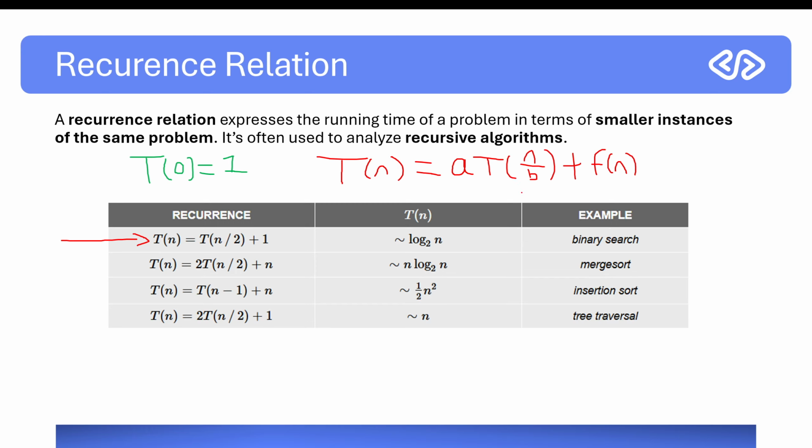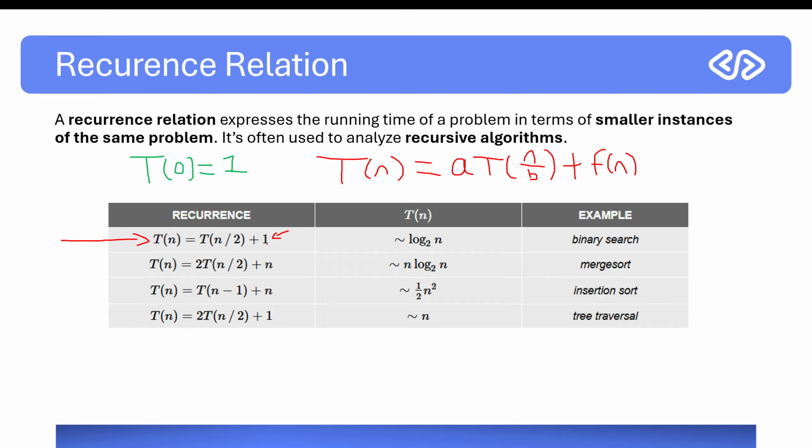B is basically the factor of how much you want to split the subproblem. We're going to split it in half each time. And then this is the amount of effort for this step. This is probably just a constant operation, like an array access and comparison. That's just for this term n.